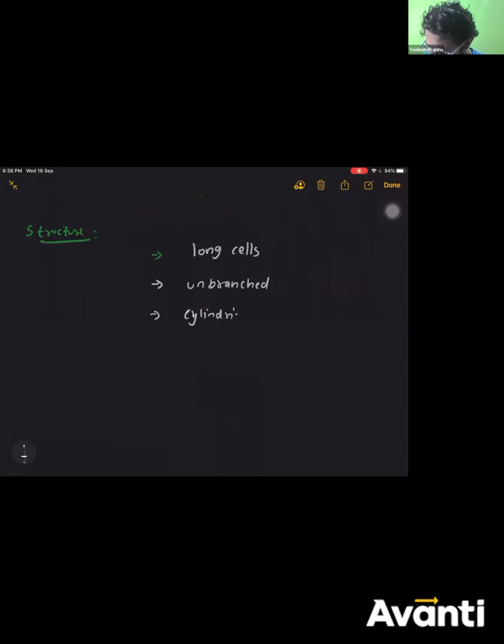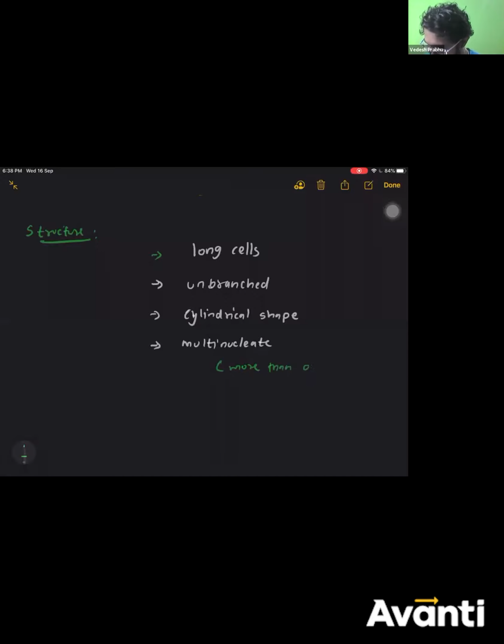And the last point, they have more than one nucleus. Hence the name multinucleate. I will write here: more than one nucleus.